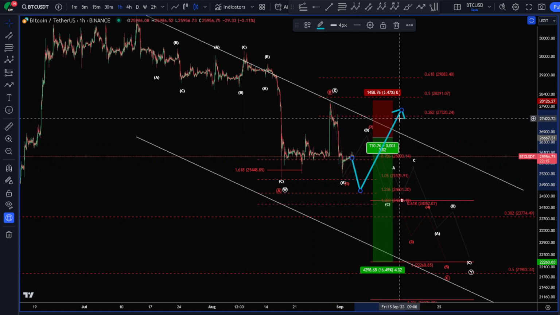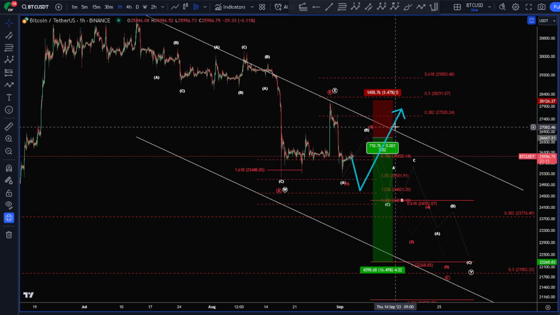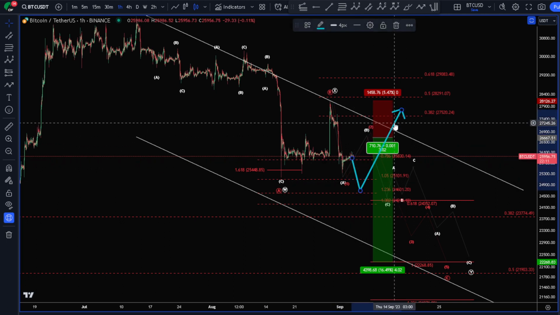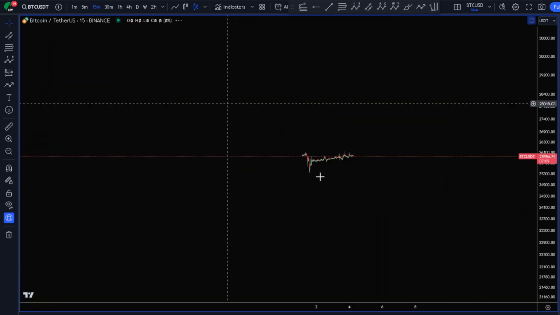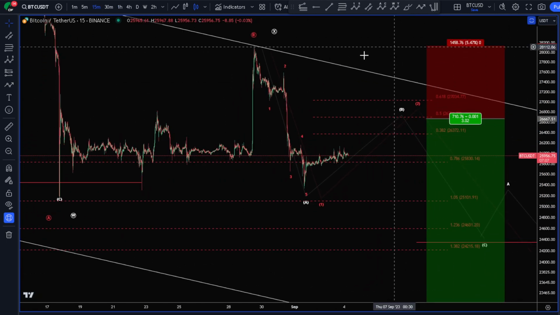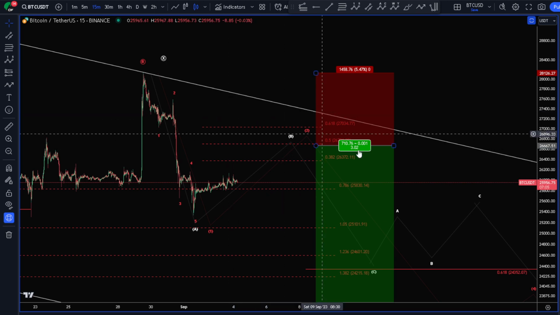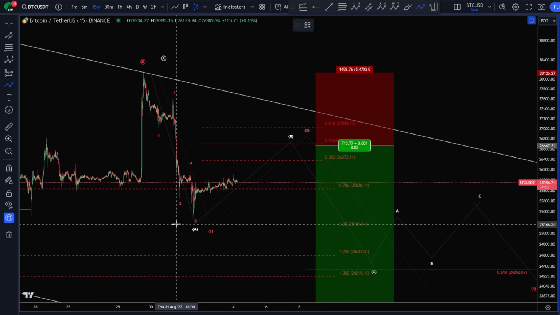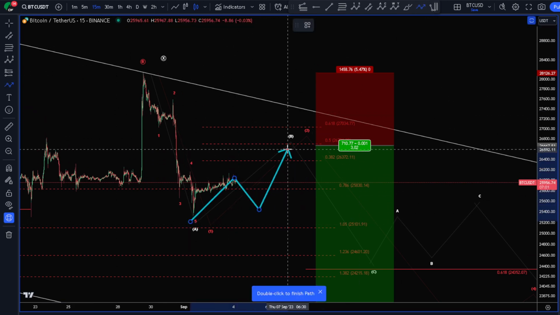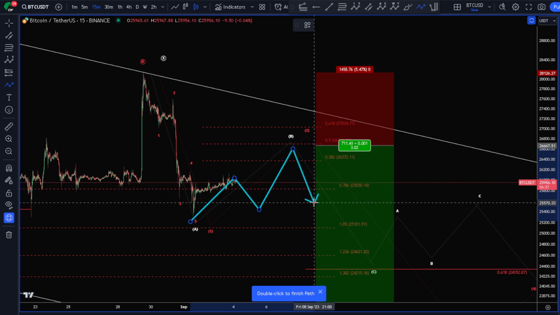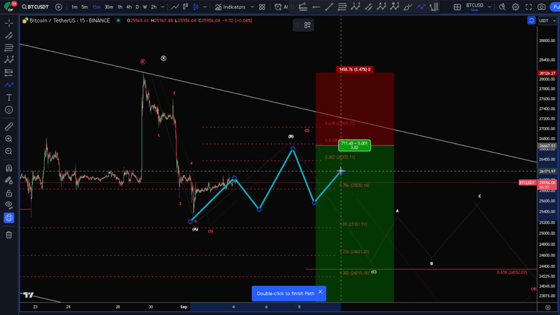If we take off here on the 15-minute, finishing up this 3-wave pattern, and you got the entry there and we started to come down, you would expect 5 waves.